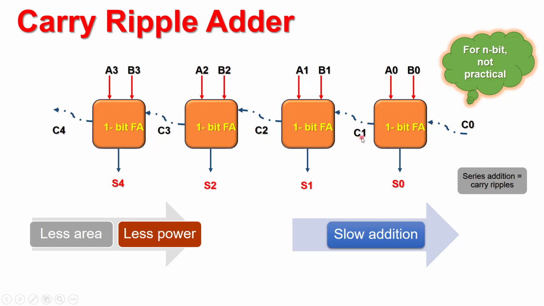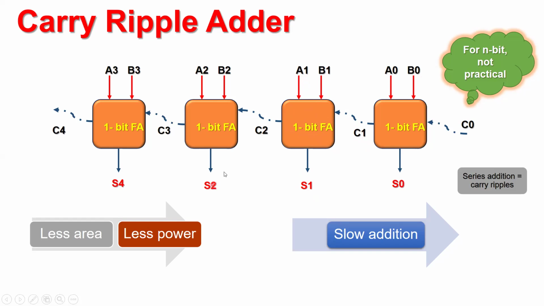So this carry goes to the next stage, ripples to the next stage. And the sum here is available only when the carry reaches the next stage, that is, this section of the full adder where A1 and B1 are present. Then A1, B1 and C1 are added together to produce S1 and C2.